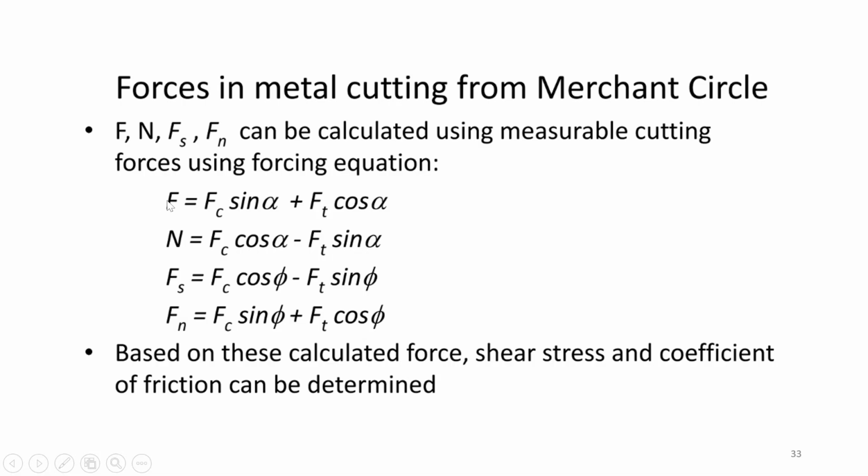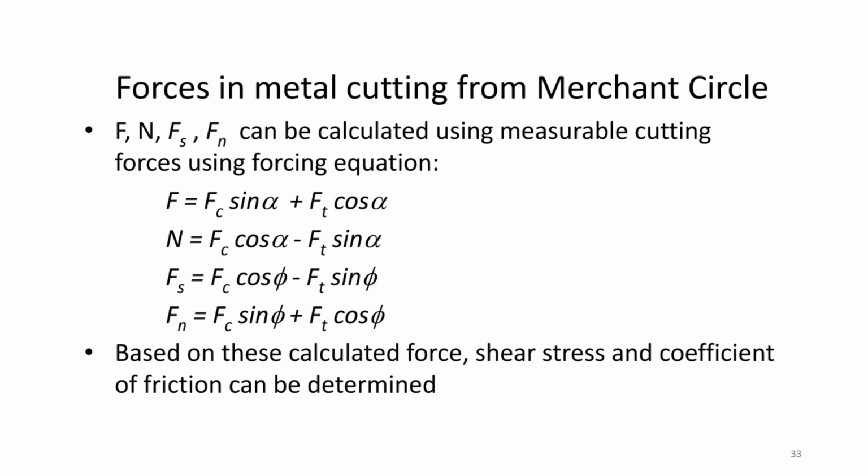So here the friction force is F equals Fc sin alpha plus Ft cos alpha, and the normal force N, normal to the friction force, is Fc cos alpha minus Ft sin alpha. Fs is Fc cos phi minus Ft sin phi, and Fn is Fc sin phi plus Ft cos phi.